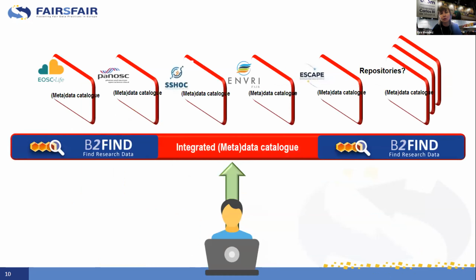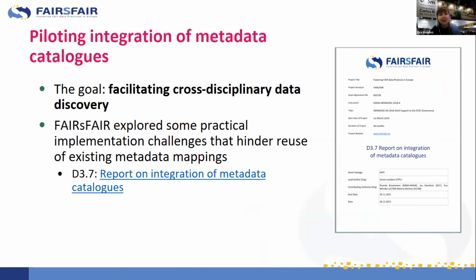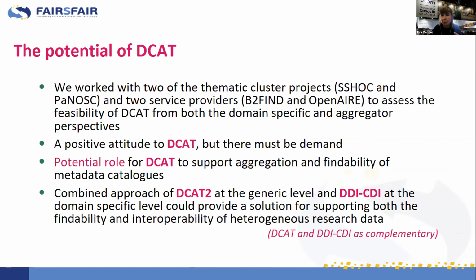So the first approach that we came up with was trying to integrate metadata catalogs using DDI, CDI from a specific perspective, or using DCAT from a generic transversal perspective. And we address this with aggregators like B2FIND, and also in the piloting of integration of metadata, which is the work that my colleague Simon was leading, reporting on this integration of metadata catalogs with specific examples.